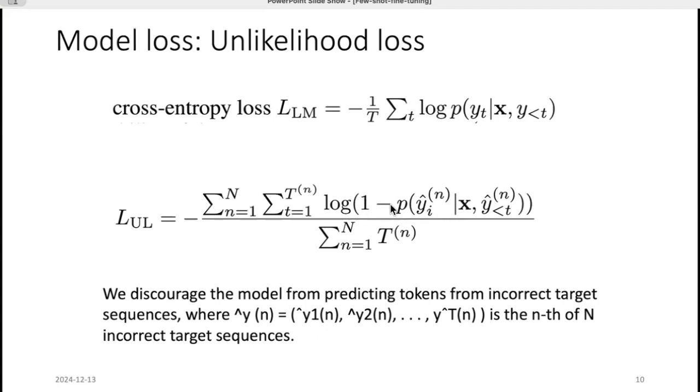That's why you see a 1 minus this over here. So you still want to minimize this cost, and you want this to be as close to 1 as possible, so the incorrect probabilities go to as close to 0 as possible. So it not just targets the correct sequence, but also wants to minimize the loss for the incorrect sequence.